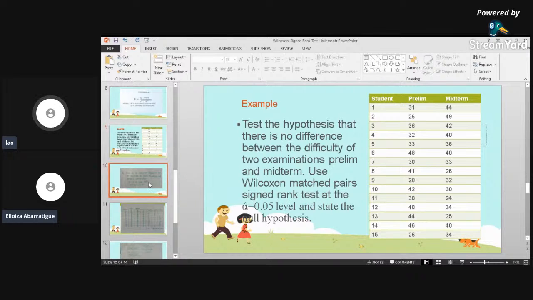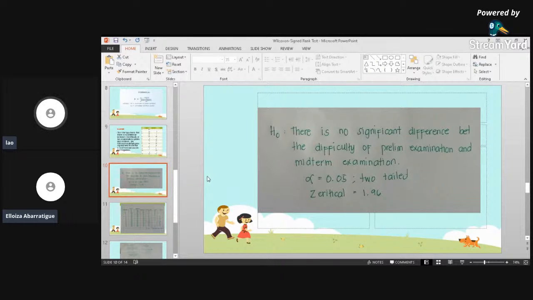Okay, now may we call on Ms. Murio to proceed and to discuss the null hypothesis and also the table, the computation, and then later on we'll be able to give our conclusion and decision. May we call on Ms. Murio to proceed to the null hypothesis discussion. Thank you. Ms. Murio.